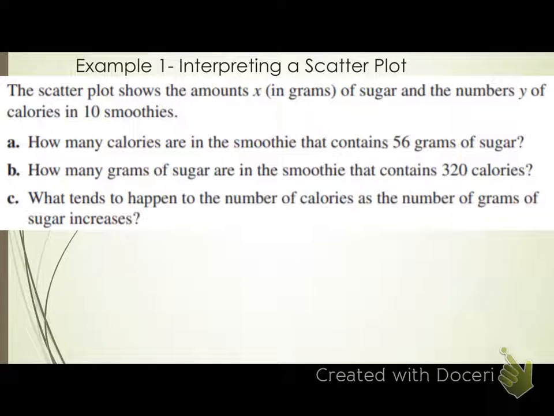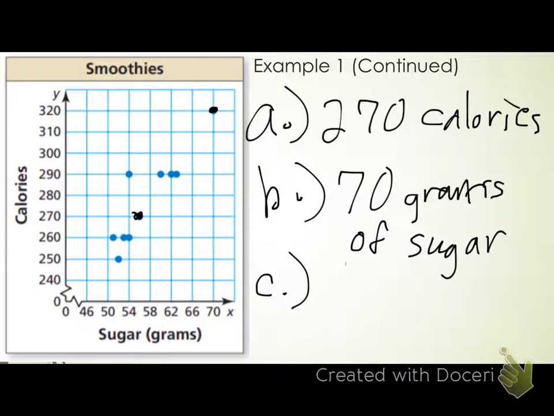What tends to happen to the number of calories as the number of grams of sugar increases? As my grams of sugar are increasing, what's happening to my calories based on my ordered pairs? It's also increasing, correct? So as my sugar is increasing, my calories are also increasing.